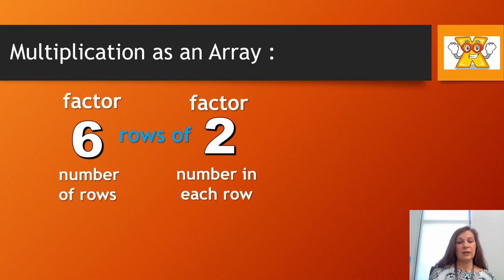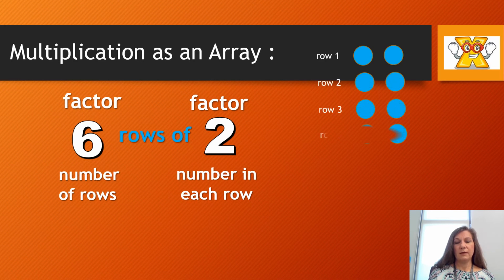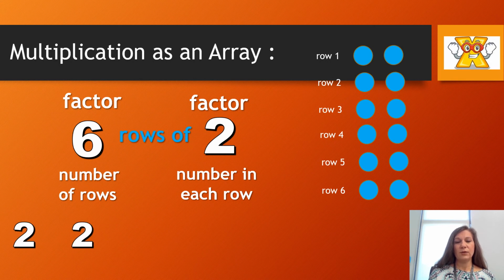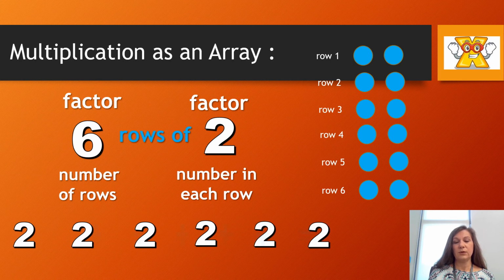So we have 6 rows, 1, 2, 3, 4, and 5, and finally our 6th row. Now you'll also notice that in each one of those rows, it has our second factor, which is the number in each row. So we would add 2 plus 2 plus 2 plus 2 plus 2 plus 2. And that would still give us our 12 objects.